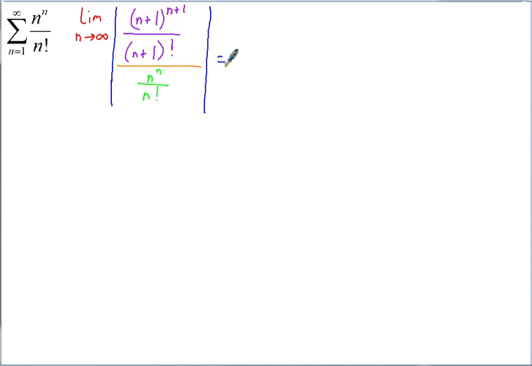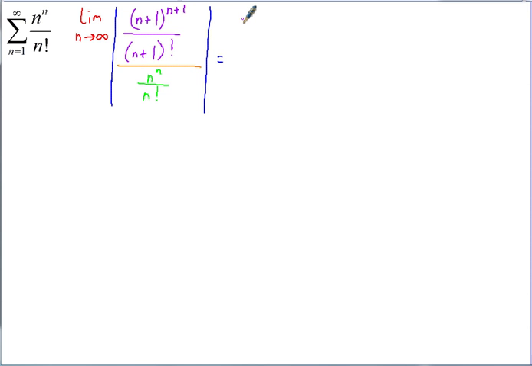So let's simplify this. Notice if you substitute 1, you get 1 to the first over 1 factorial, then 2 to the second over 2 factorial. You can see you're never going to get any negatives here. So again, the absolute value doesn't affect this one, which oftentimes it doesn't. Occasionally it does. And then let's go ahead and simplify this.